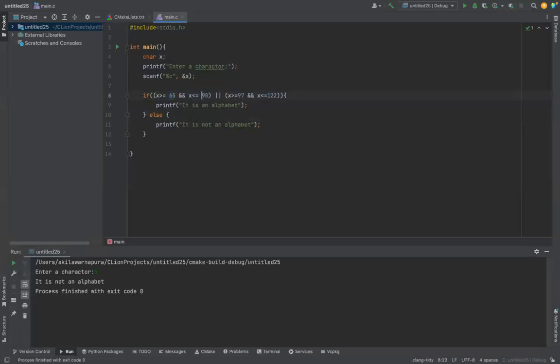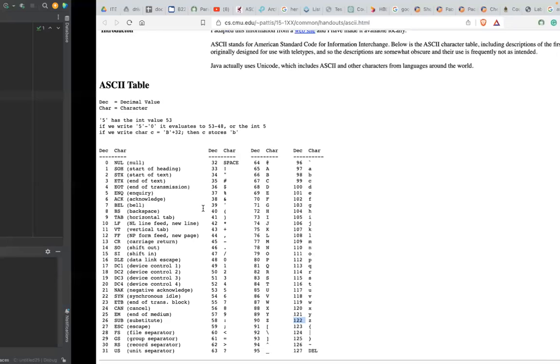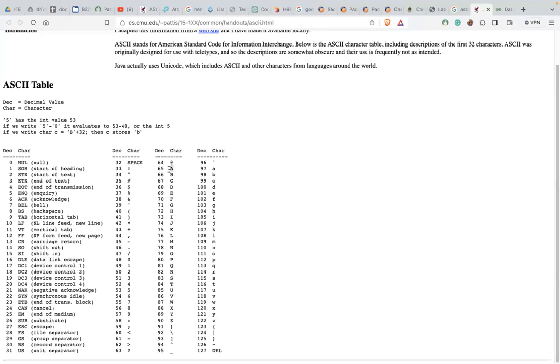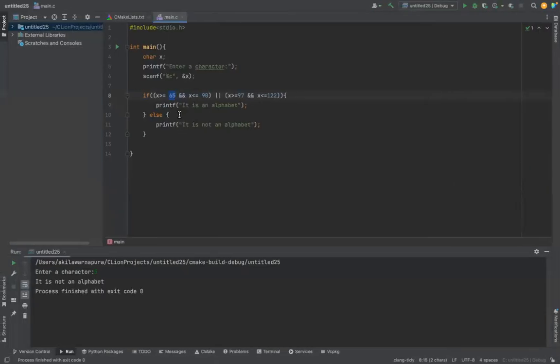Suppose you don't know those ASCII values. Here I got the ASCII values from this ASCII table. If you don't know the ASCII value, you can just provide the character. You know 65 actually is A. Then instead of 65, you can provide capital A. If you provide the character capital A, the computer identifies the value as 65.